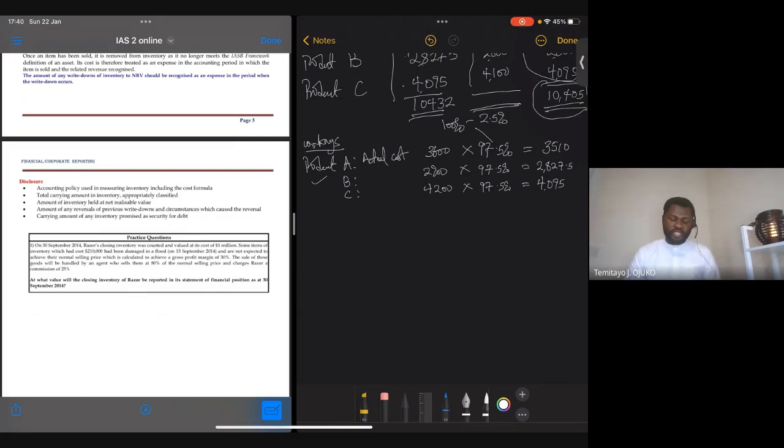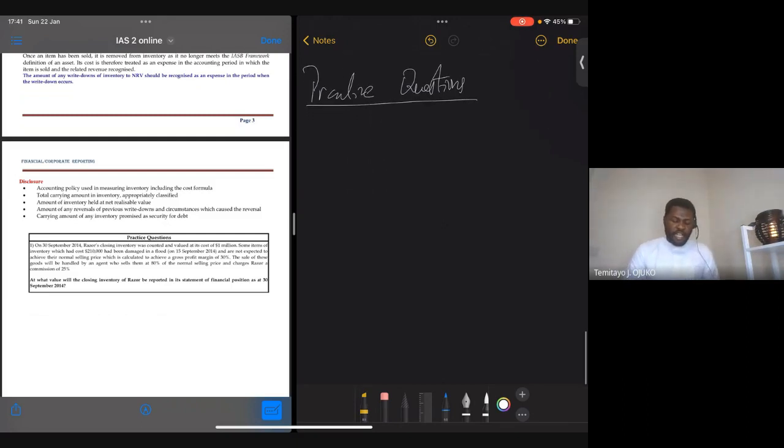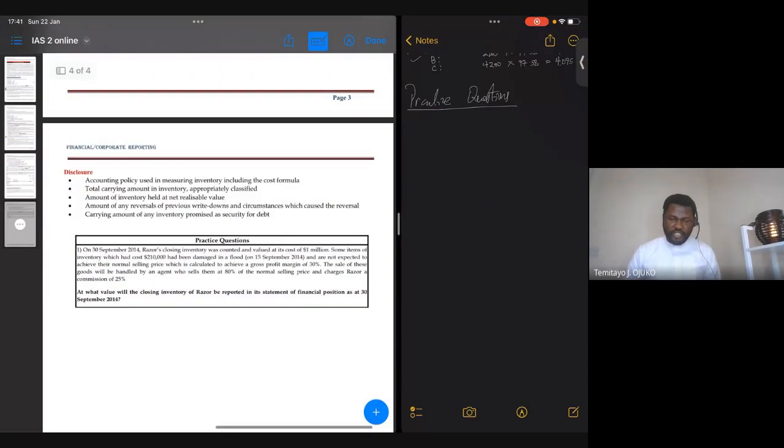We're going to look at this practice question, which is a little bit technical, but not too hard. We're going to look at that shortly. Now, I'm going to read the question, and I will be underlining some things while I read the question.